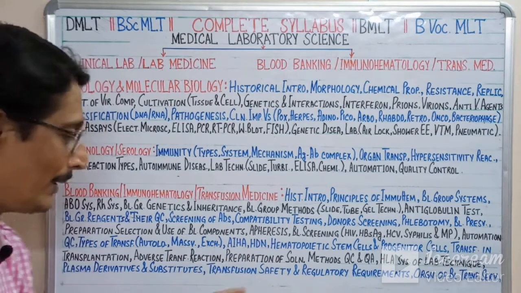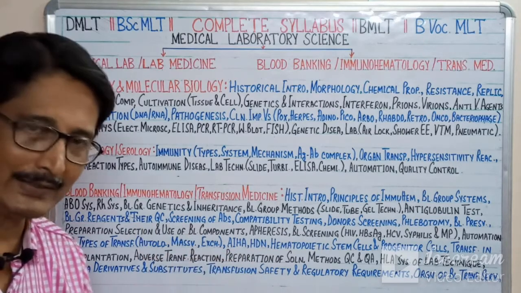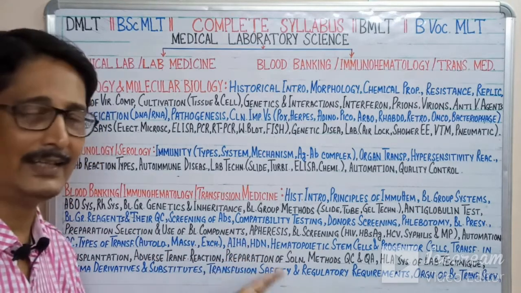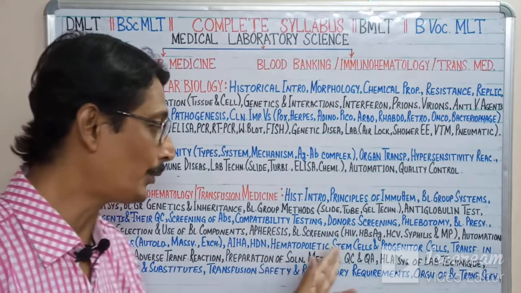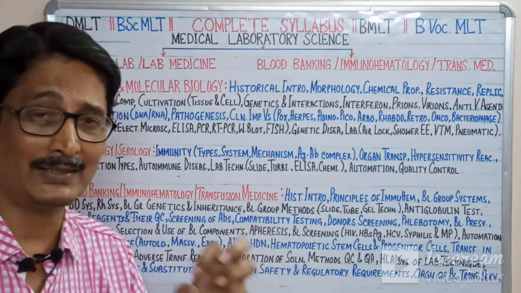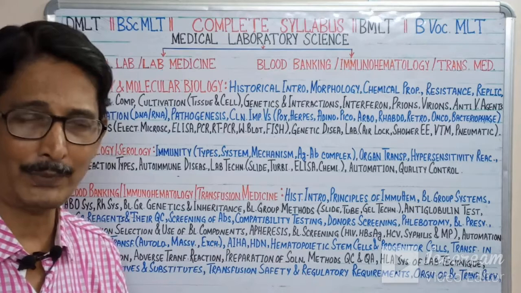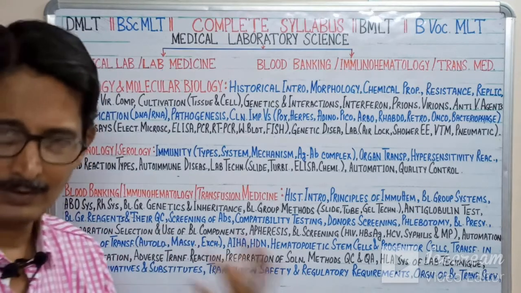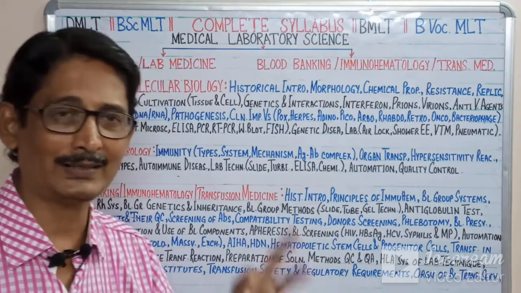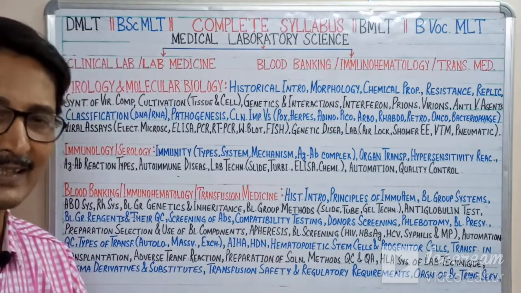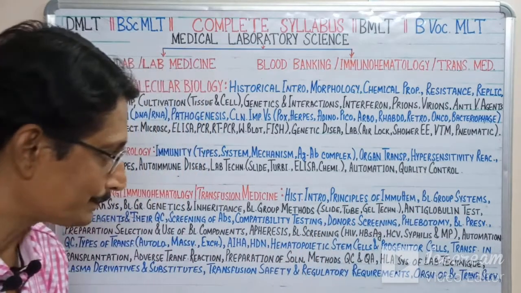Now some diseases we have to study: AIHA, that is autoimmune hemolytic anemia, and HDN, that is hemolytic disease of the newborn. Then hematopoietic stem cells, from where the particular types of blood cells or other body cells are generated, so stem cells and their progenitor cells.